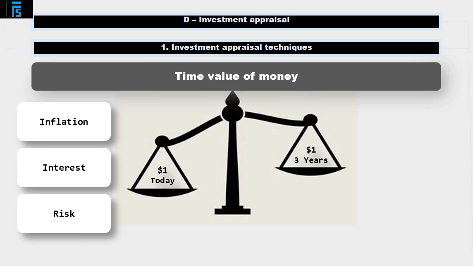Finally, risk. $1 today is a definite dollar, whereas the promise of $1 in 3 years' time is never going to be quite as certain. This is sometimes known as the bird in hand principle, from the old expression, a bird in the hand is worth 2 in the bush.